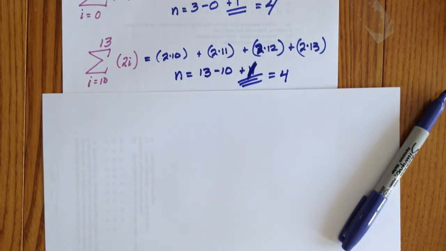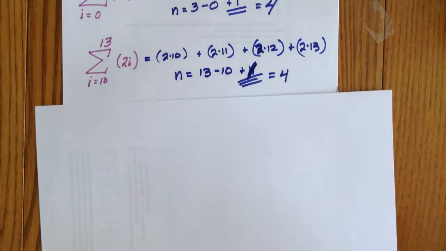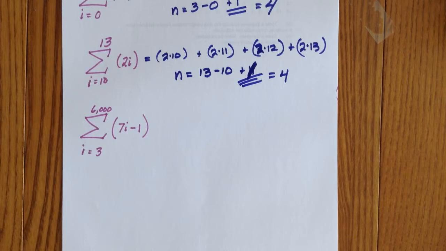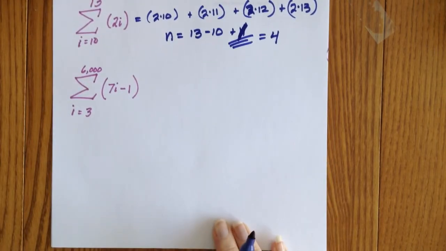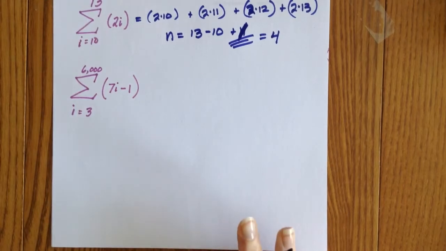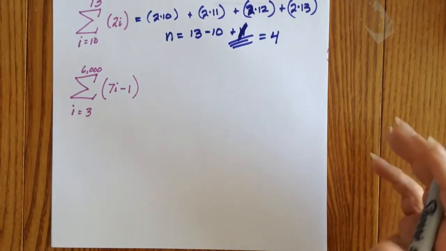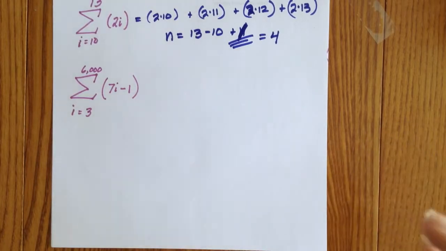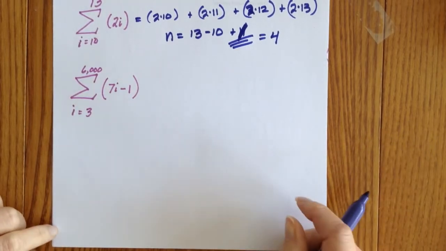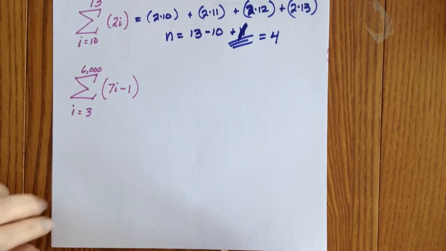All right, let's check out this next one. In this next problem, 6,000. All right, so unless we're just going to type this into our calculator's sigma notation, how do we handle this problem? Here's how I would do this. First thing I'm going to do, I'm going to figure out how many terms there are.